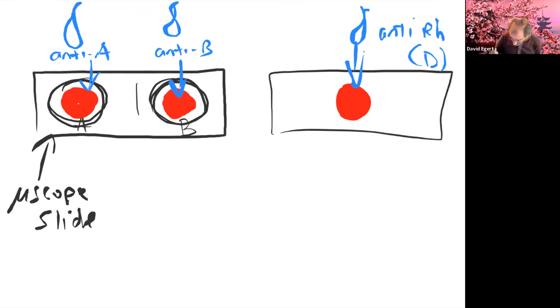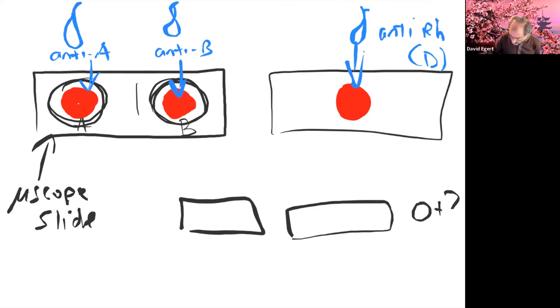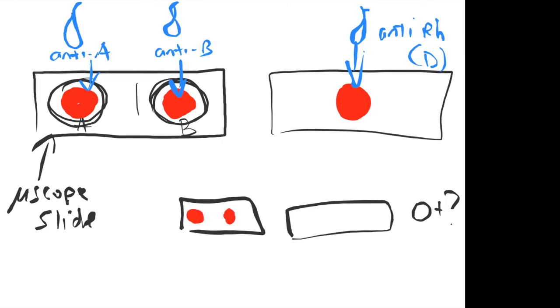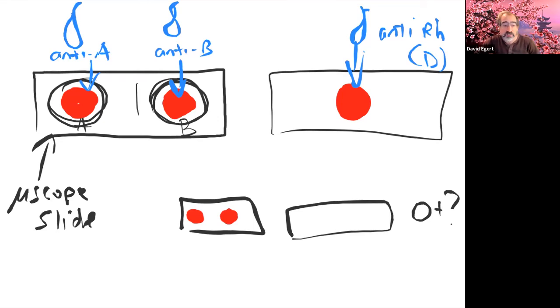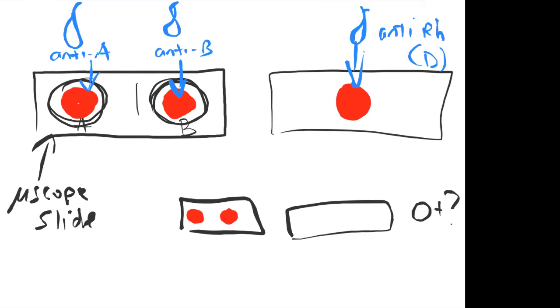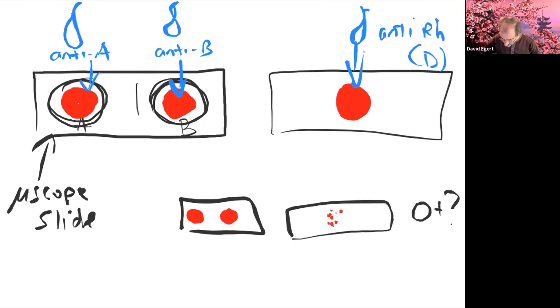What if I was O positive? Are the anti-A or the anti-B going to have any reaction? No, those are just going to look normal. What about the anti-Rh? That would. I'm going to see this clumping happening because the Rh is going to get recognized by the anti-Rh, and we're going to have agglutination.